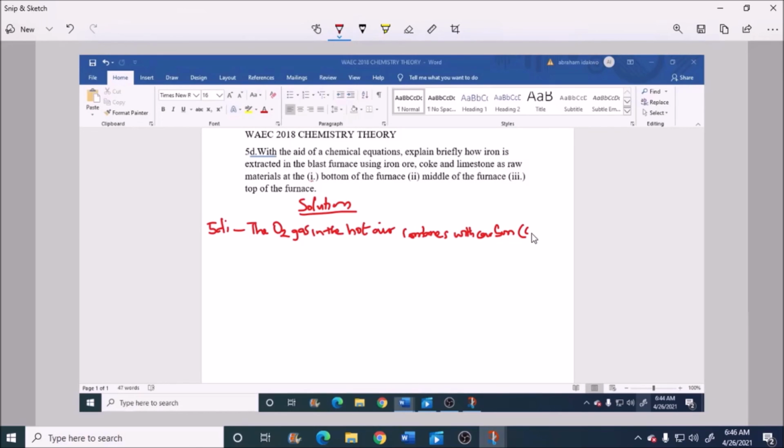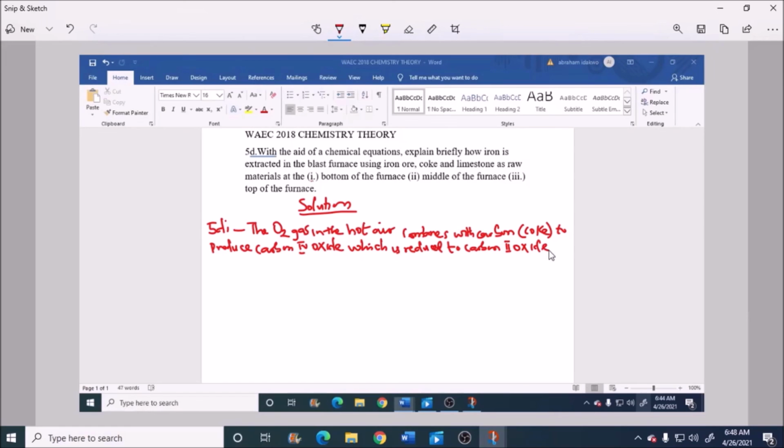Don't forget that coke is one of the allotropes of carbon, to produce carbon 4 oxide, that is CO2, so this carbon 4 oxide is reduced to carbon 2 oxide.